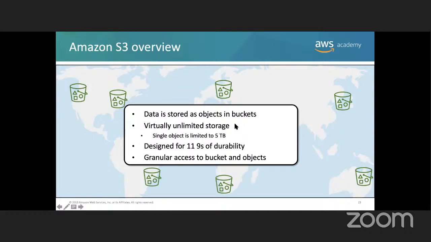And you can put as many objects in Amazon S3 as you want. Amazon S3 holds trillions of objects and regularly peaks at millions of requests per second. Objects can be any data file: images, videos, server logs.